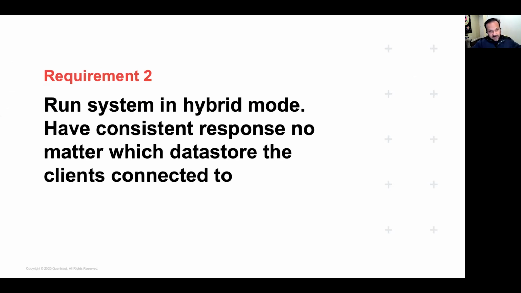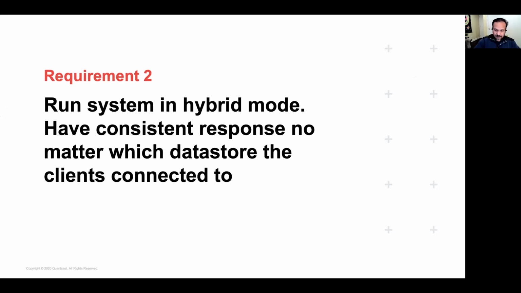We also wanted to run the system in hybrid mode. We wanted a consistent and correct response for each cookie, no matter which data store the mux or any client connected to.